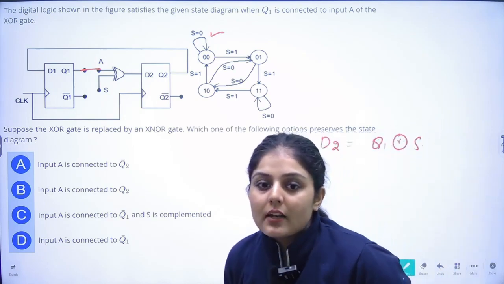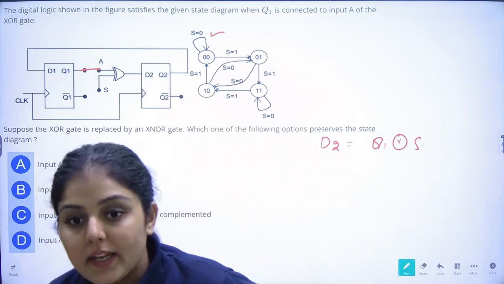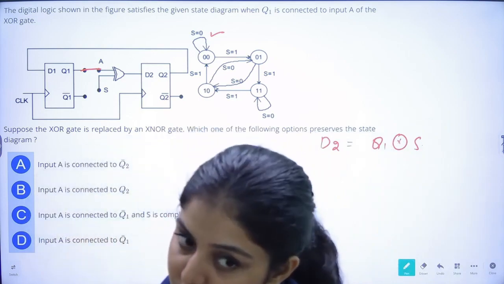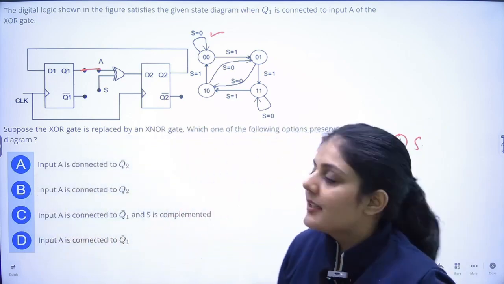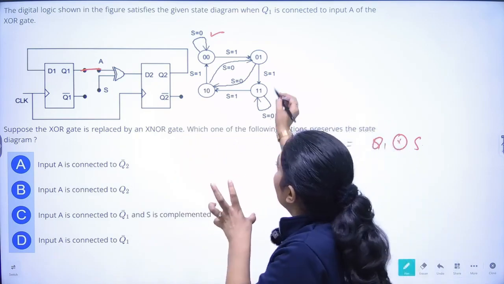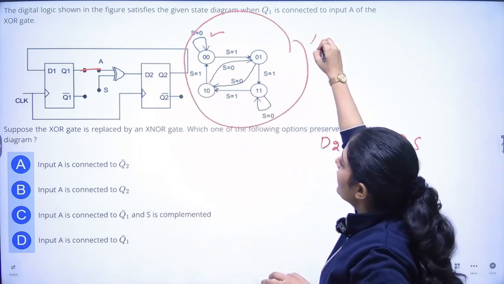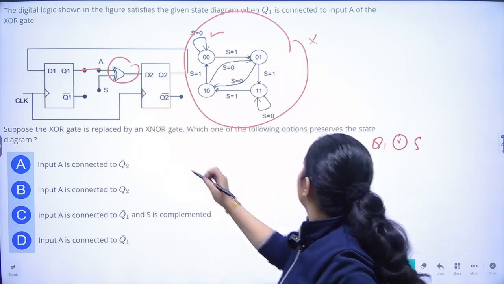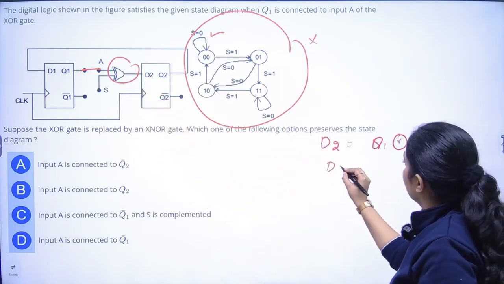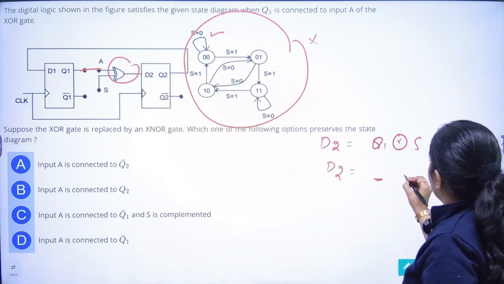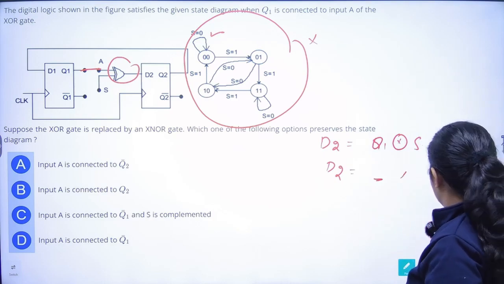Suppose that the XOR gate is replaced with an XNOR gate. Which one of the following options will preserve the state diagram? So they are saying that you have to preserve this. This should not be changed, but the XOR gate is changed to an XNOR gate.